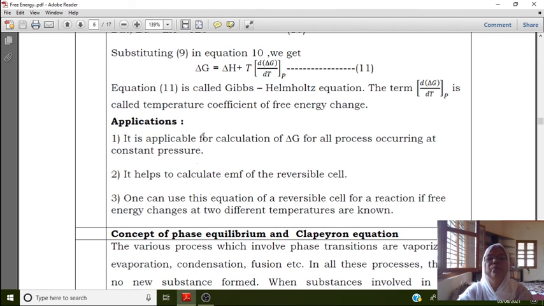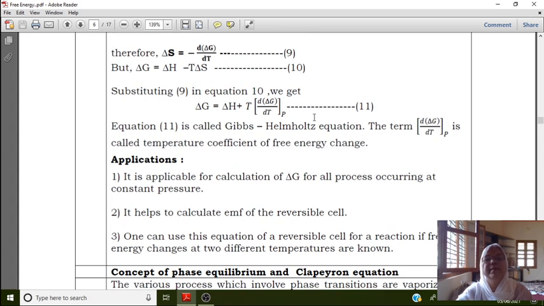These are a few applications of the Gibbs-Helmholtz equation, and simply remember, the Gibbs-Helmholtz equation is the relationship between Gibbs free energy, Helmholtz free energy, and the enthalpy of the system.